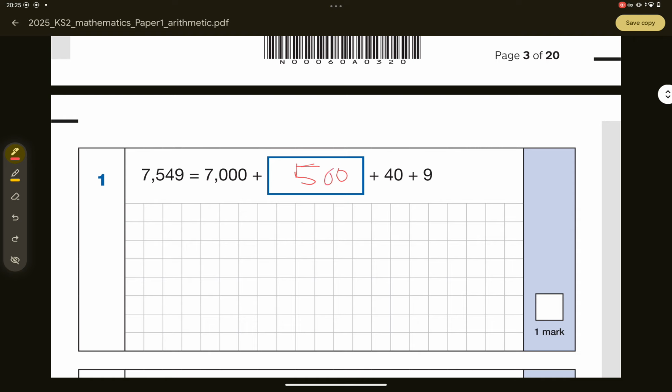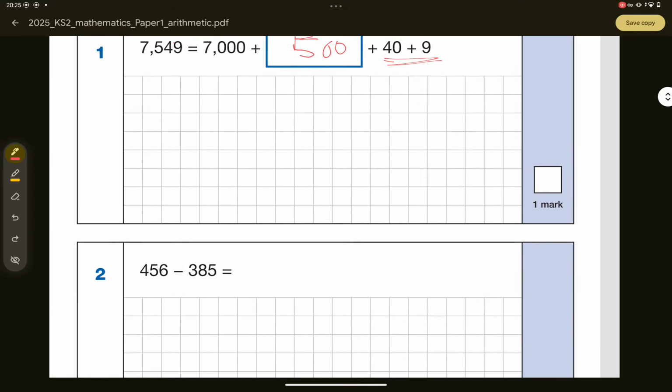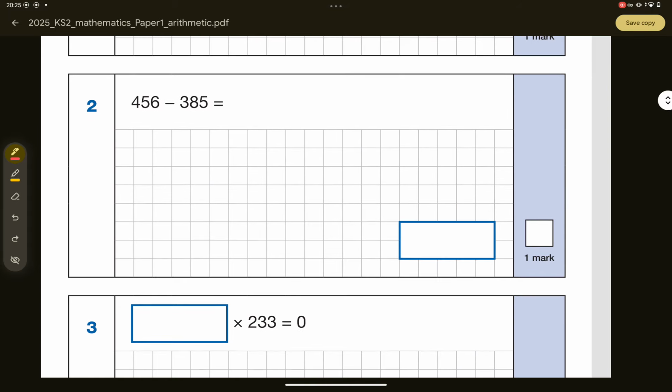A lot of children make the mistake of writing 5, but imagine these two numbers, 40 and 9, are subtracted from 7,549. You'll get 7,500. Subtract 7,000, which is 500. That's what you do if you get stuck on that.